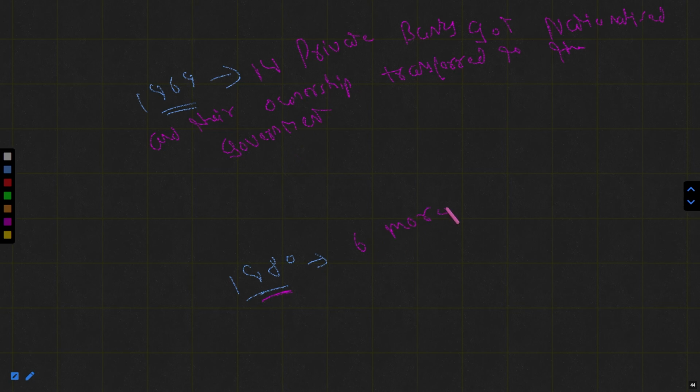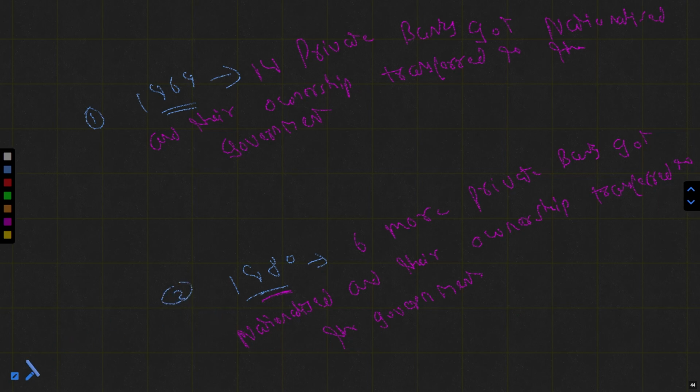Six more private banks got nationalized and their ownership was transferred to the government. Okay, that's why these two years are important.